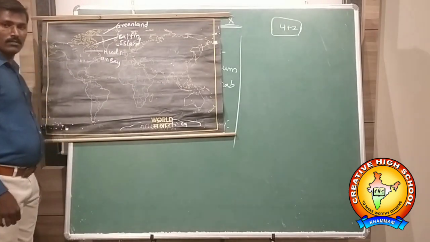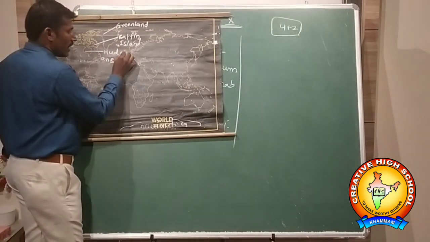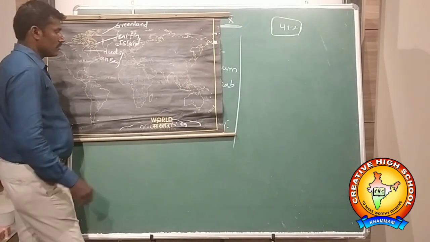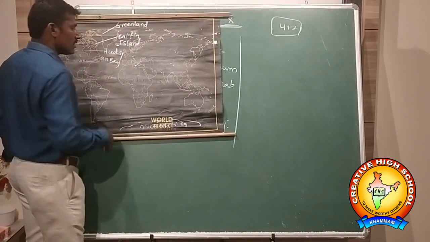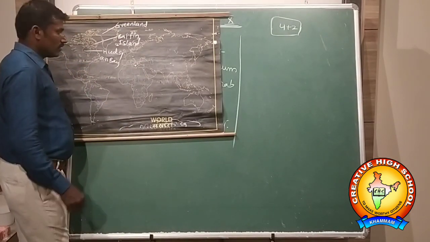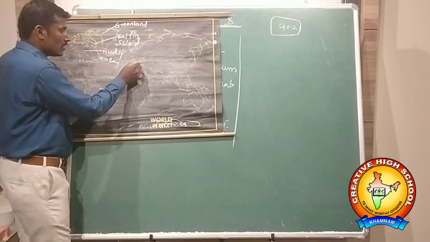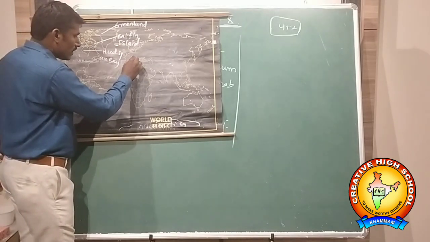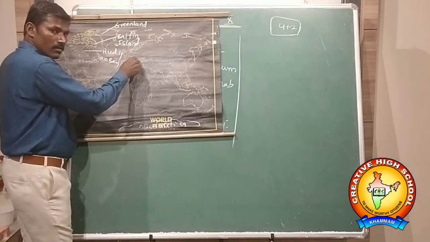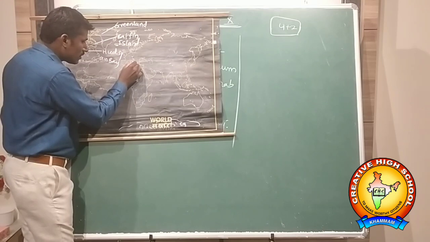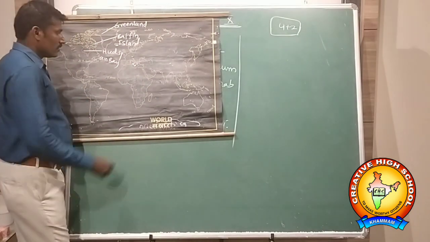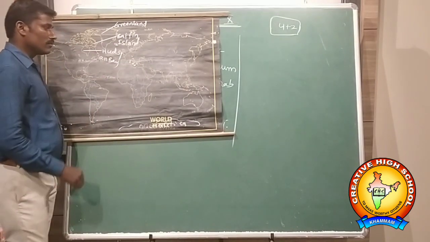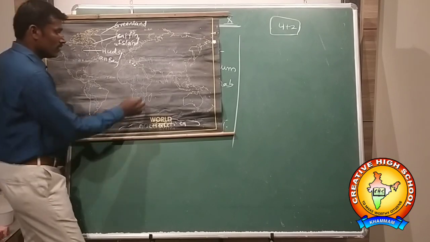Iceland. This is Ireland. Mediterranean Sea. In this Mediterranean Sea, a small group of islands are there. Here, this is Italy. Here, Sicily. Italy, Sicily, Corsica, Sardinia. Red Sea.